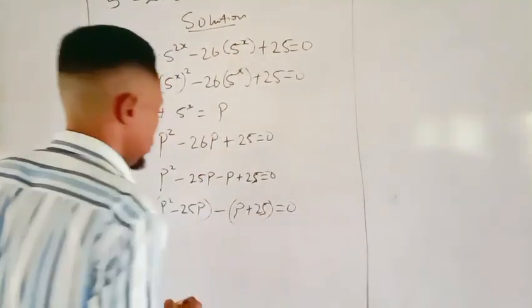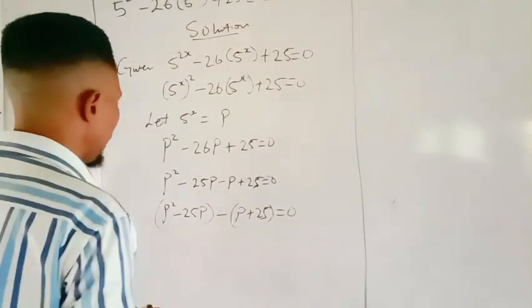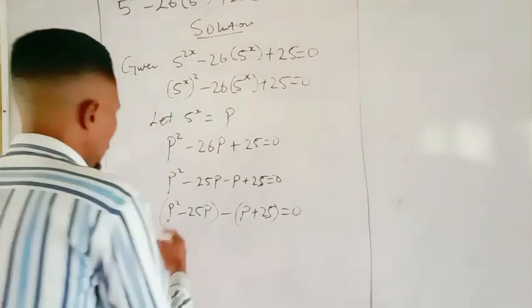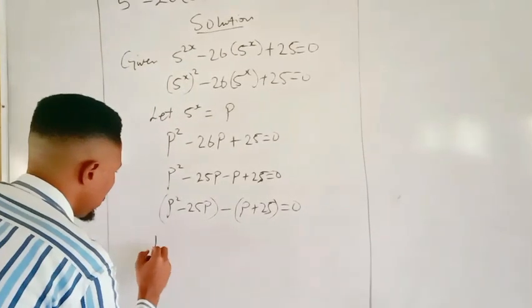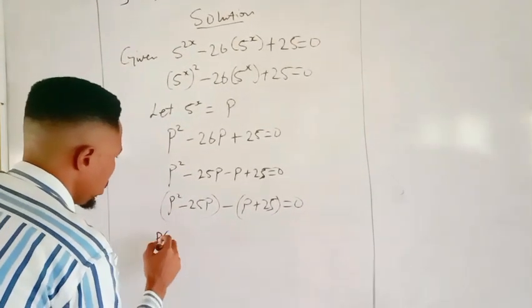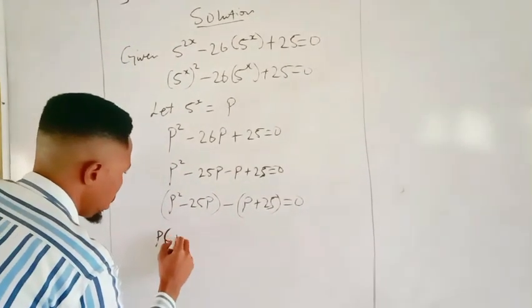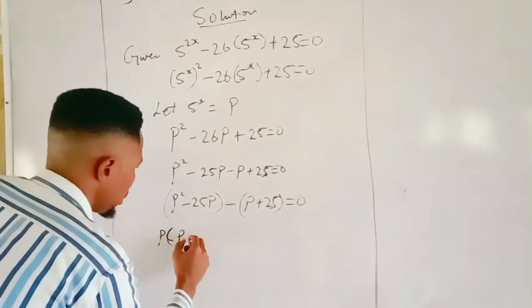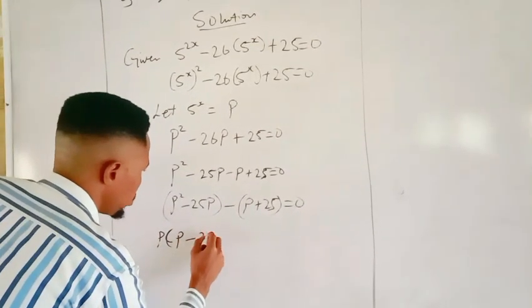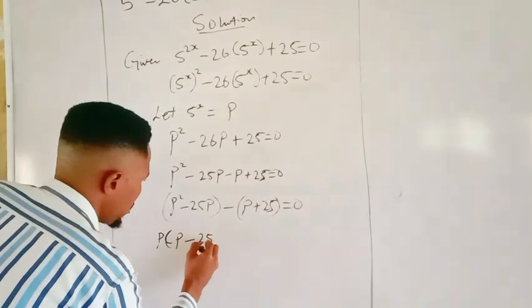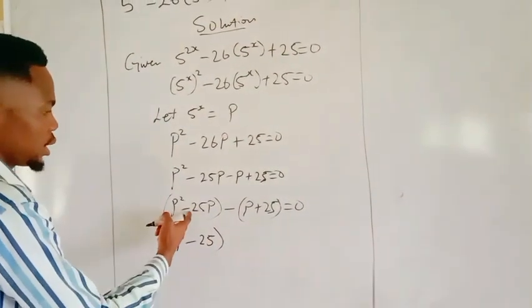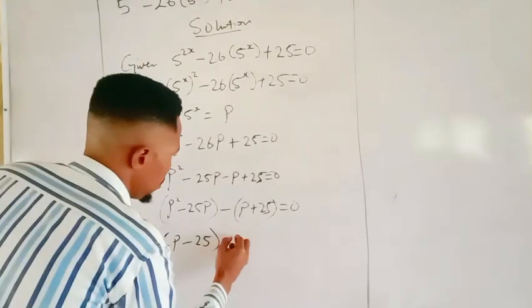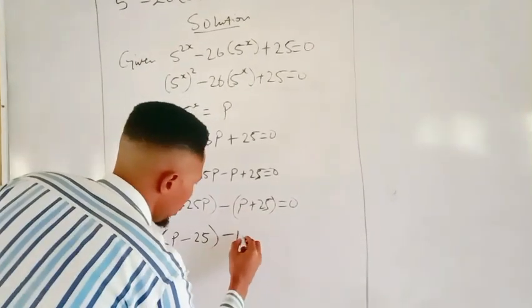So at this point, let's factor this out. What is common here is p. We bring out one of the p: p goes to p, so you have p, and what goes here is minus 25, because the p will cancel out this p. If you multiply this back, you're going to get this. Minus, what is common here is 1.